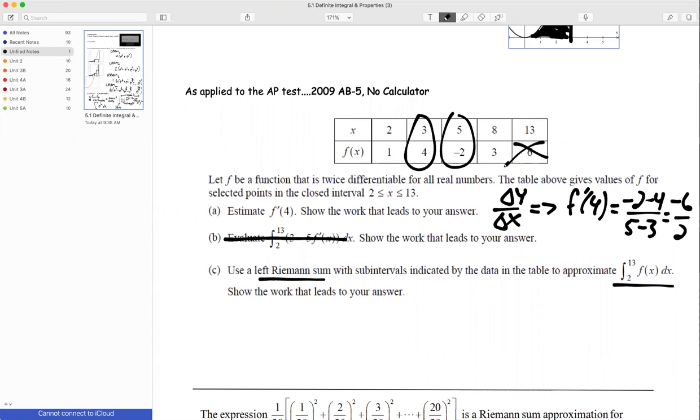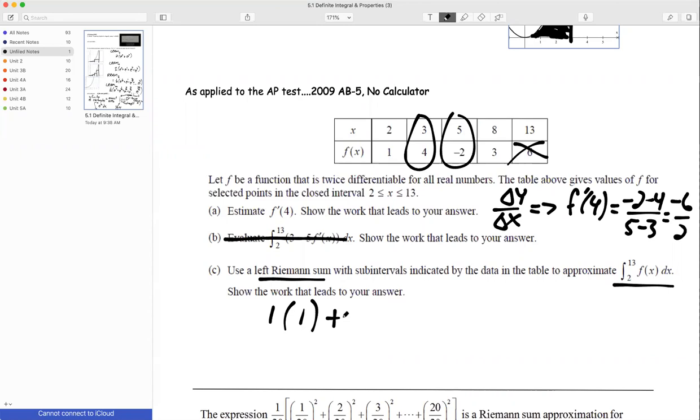So I want to mark that out. And then I'm going to find the areas of my rectangles. So the first rectangle, the base goes from 2 to 3. So I have a width of 1. And my height would be the left value here, which is also 1. So that's my first rectangle.